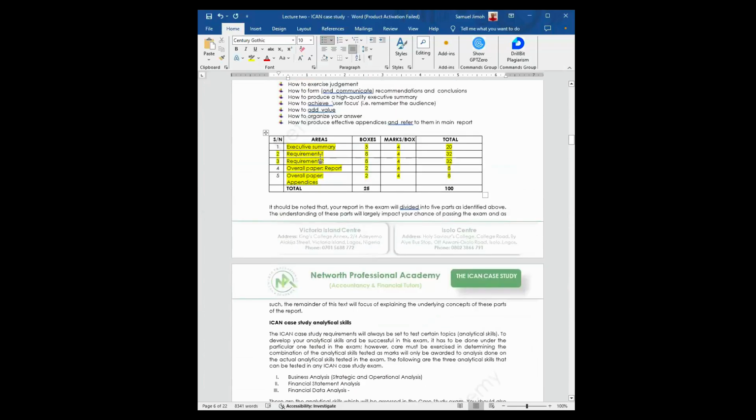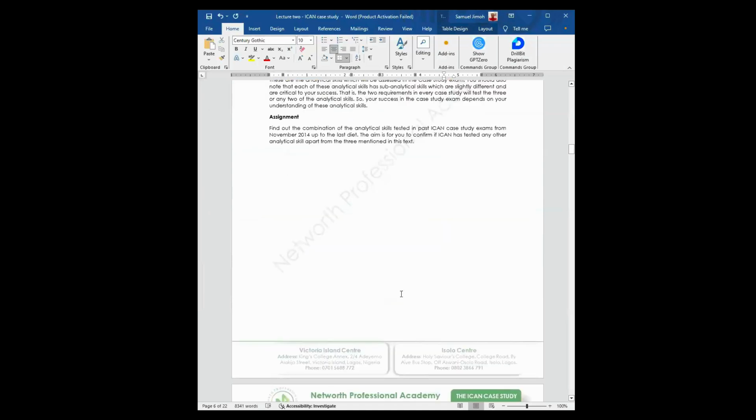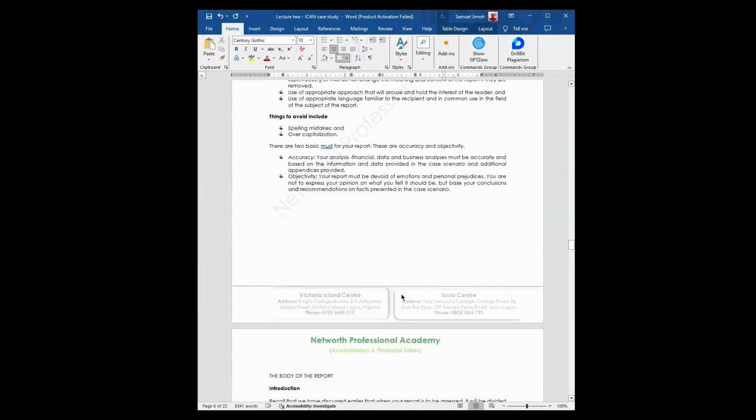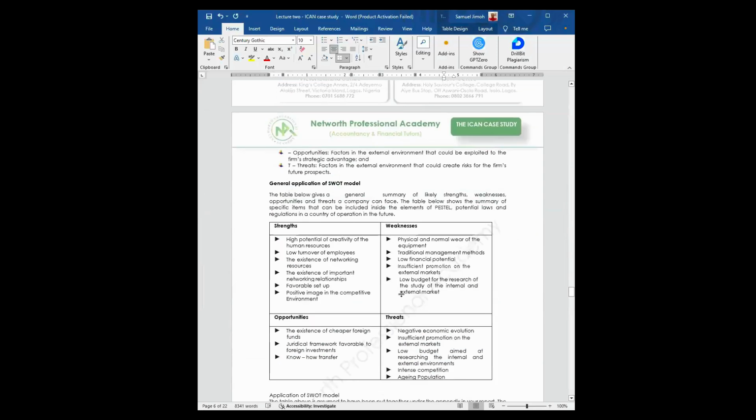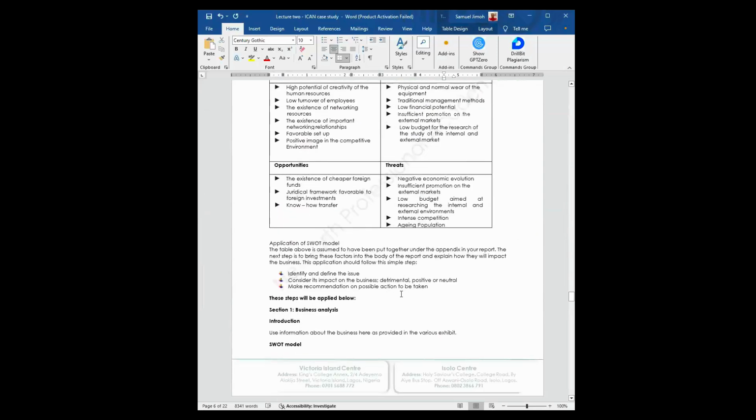So let's assume this requirement one is asking you to do operational and strategic analysis. There are eight sub skills under that you have to do before you can get these 32 marks. Before I show you that, there is something I want you to see so that you can learn how to do some basic analysis.